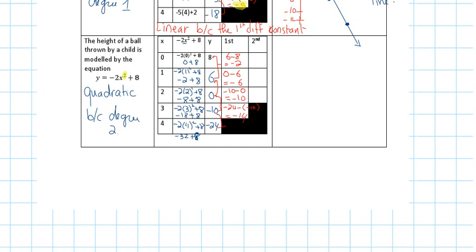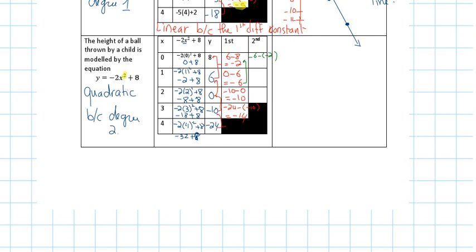Now, this is where I have to do the second difference. The second difference is a step where you use your first difference and do the same thing but with your first difference. So I take my first difference and I subtract the top from the bottom. So that's negative 6, take away negative 2.